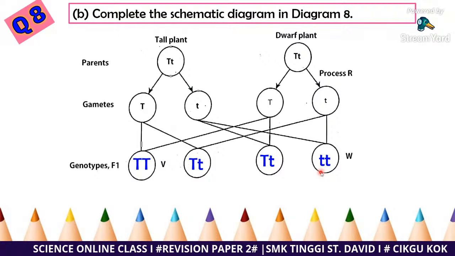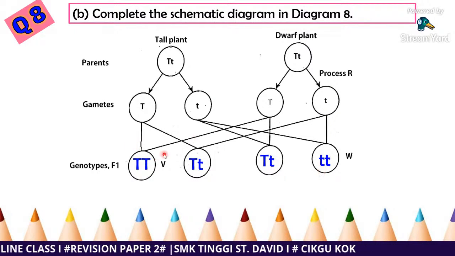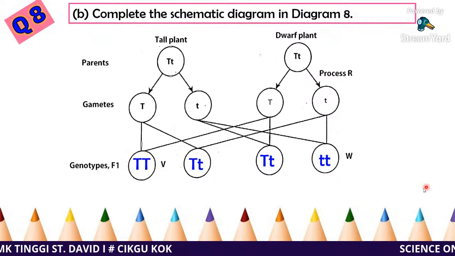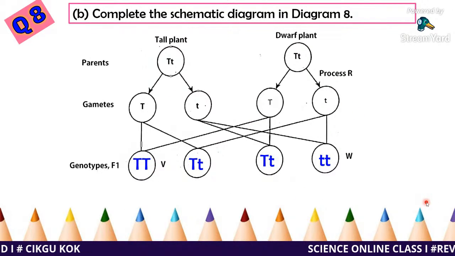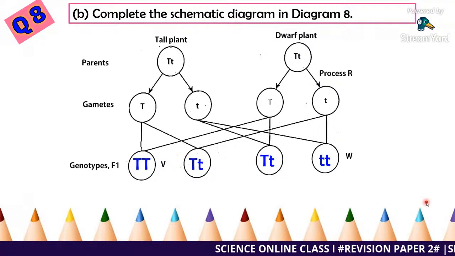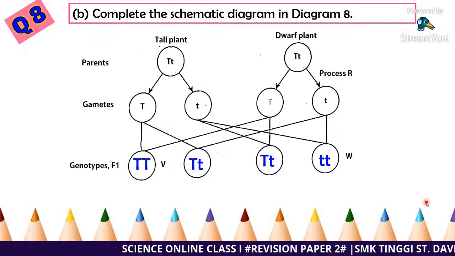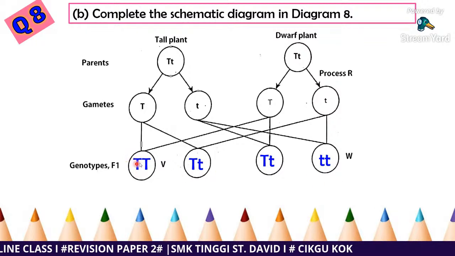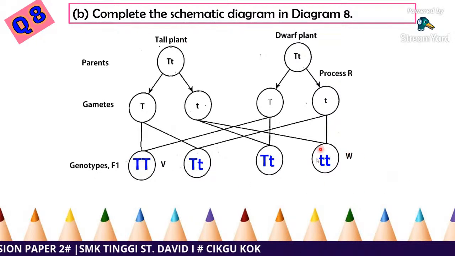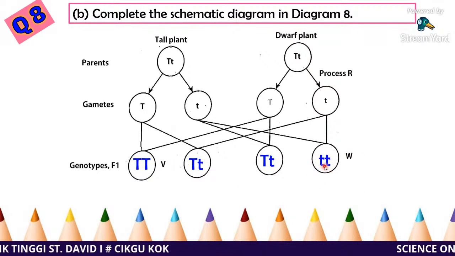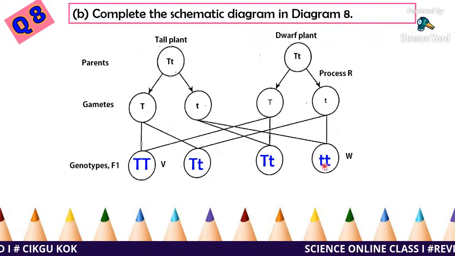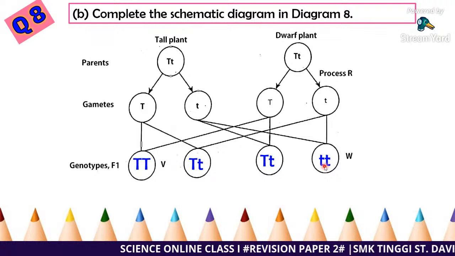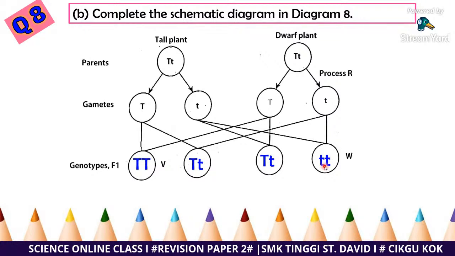So you just show the situation like this. We draw capital T, small t, then after that we separate. How many percent can you get of the dwarf plant? Just answer my question. When I crossbreed the dominant TT and recessive tt, how many dwarf plants can you get? I want the answer in percentage.